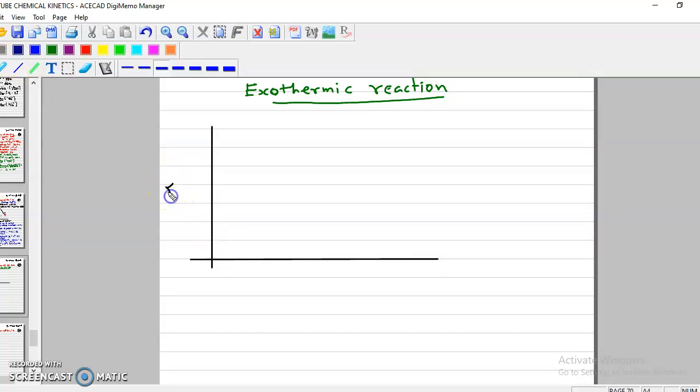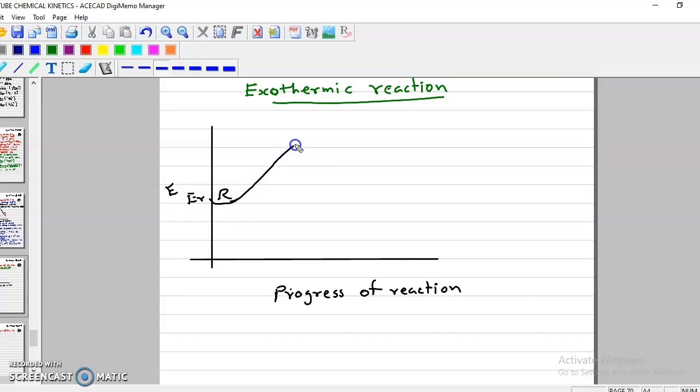Here we have energy, and this is progress of reaction. Now we start with reactant. Suppose energy of reactant is something here. This is called ER.